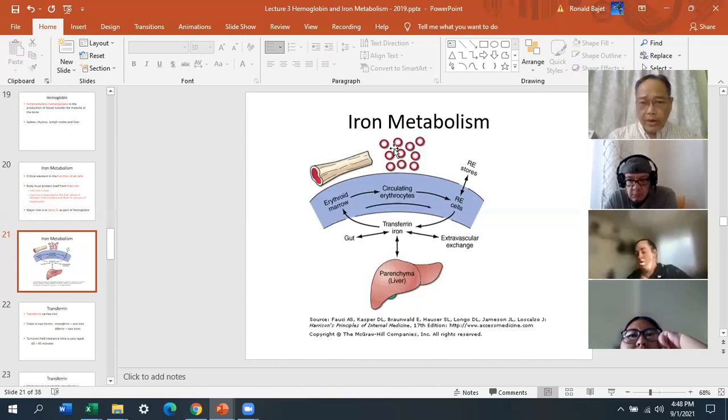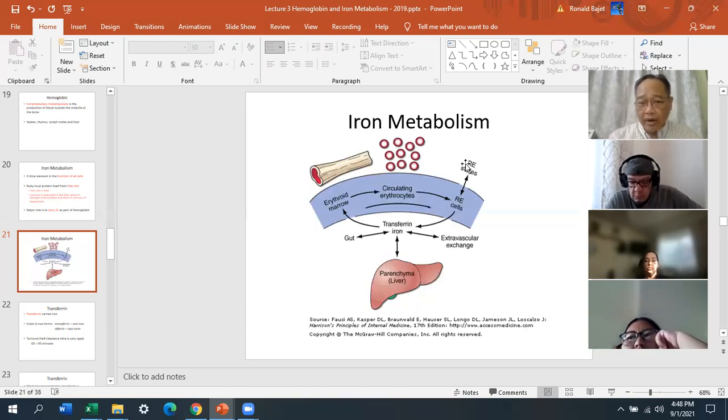Whenever there's a need, for example a gunshot wound, or if you got into a car accident and you're bleeding blood all over the place, this marrow is going to become active and say, I need more iron so I can produce more red blood cells. I'm going to get into that cycle in a minute, but this is the normal cycle.